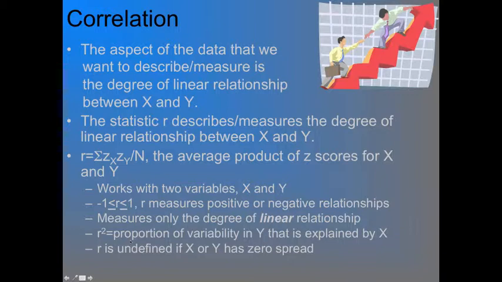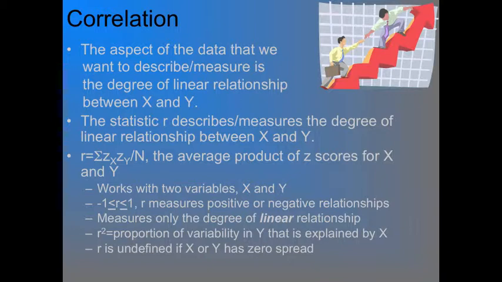R squared is also very important to remember. It's simply squaring the R value. It gives you the proportion of variance or variability in y that is explained by x. So if you find a nice positive correlation between ACT score and college GPA, let's say you get a correlation of 0.6. That's pretty good.